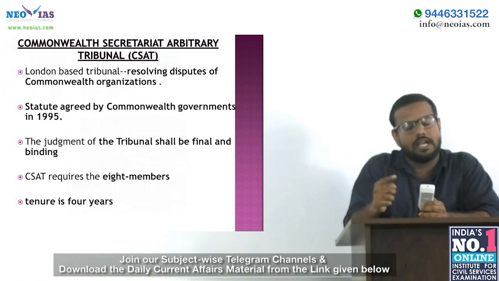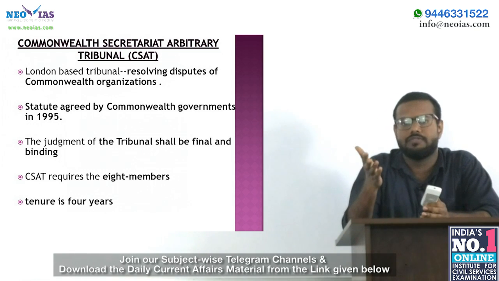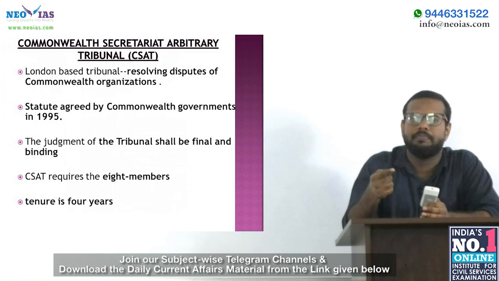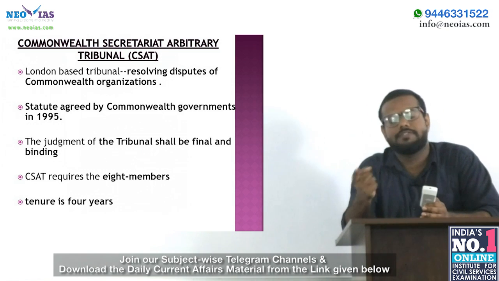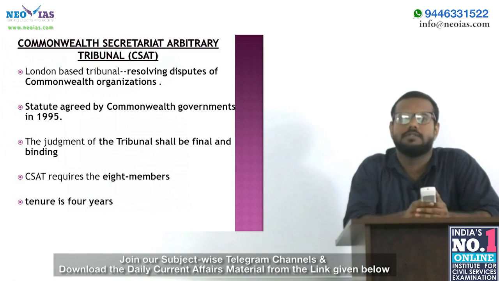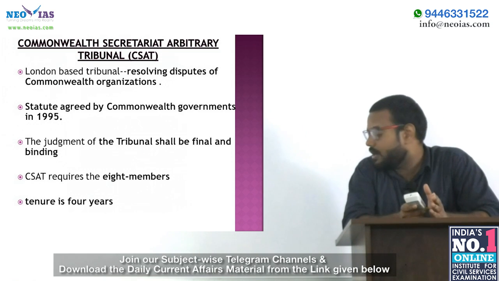And there is one additional term also. If a person is chosen as a member of the CSAT, he can also become a member again after 4 years. So there are 2 terms, but the tenure is 4 years. So the news is about the CSAT, the Commonwealth Secretariat Arbitral Tribunal.